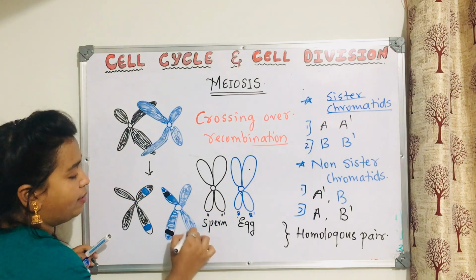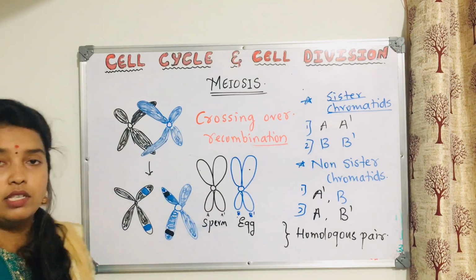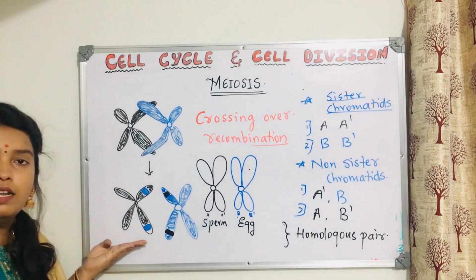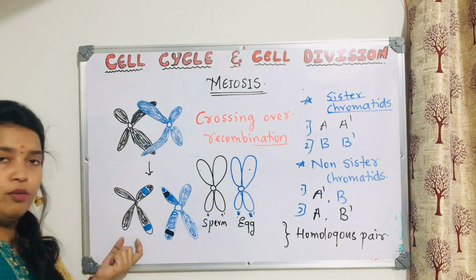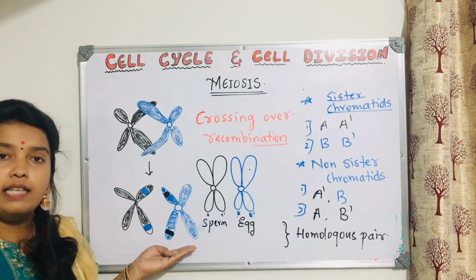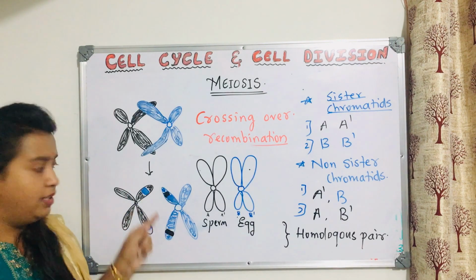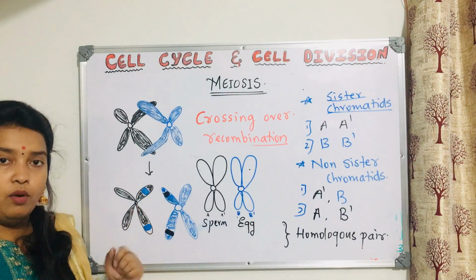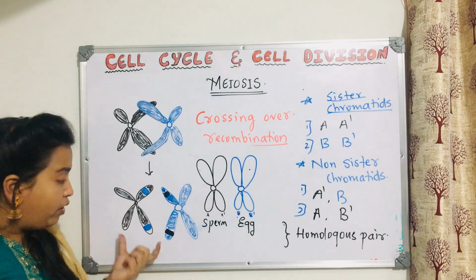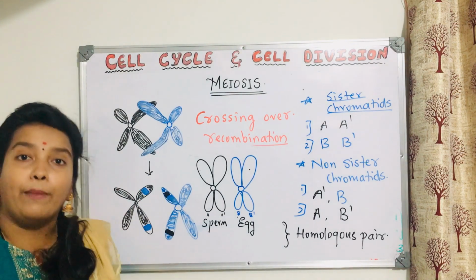Now you cannot call them paternal and maternal because they are not similar now. This paternal one is having some amount of maternal chromosome, these two segments, can you see? And this maternal one is having some amount of paternal, these two. Why did this happen? This happened because of crossing over. And what do we call this? We call this recombination.